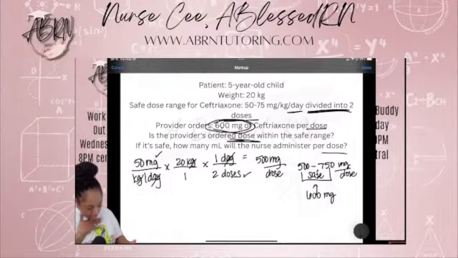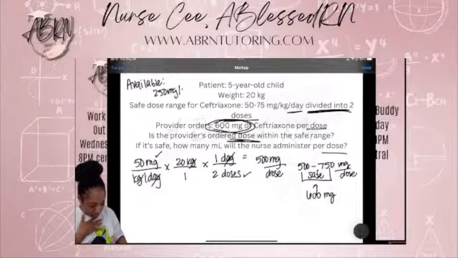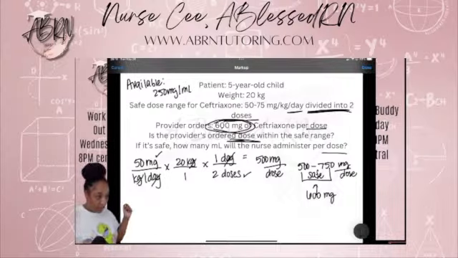So let's say the available concentration is, let's do 250 milligrams per milliliter. Okay, so if that's what's available, then how many milliliters will we give per dose?